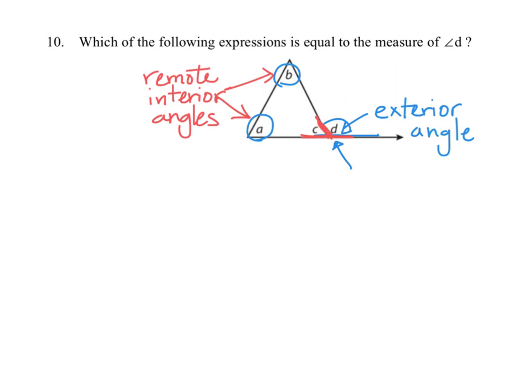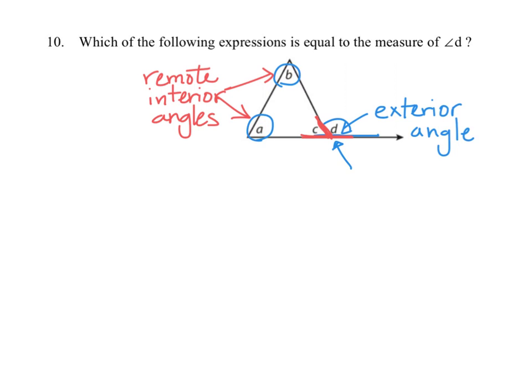D is an exterior angle of this triangle, and A and B are remote interior angles to D. Now, by rule, D will always be equal to the sum of A and B.